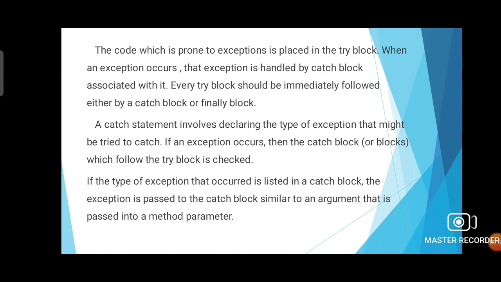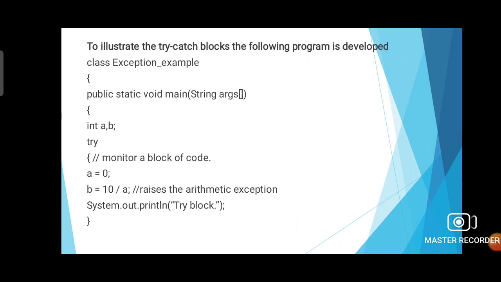This is what we said previously, that the code which is prone to exception will be placed under the try block. When an exception occurs, it will be handled by the catch block associated with it. So every try block should be immediately followed by a catch block or finally block.